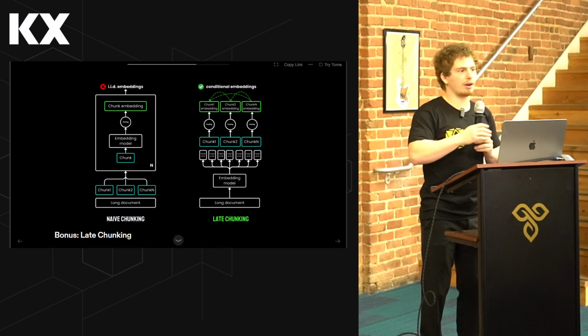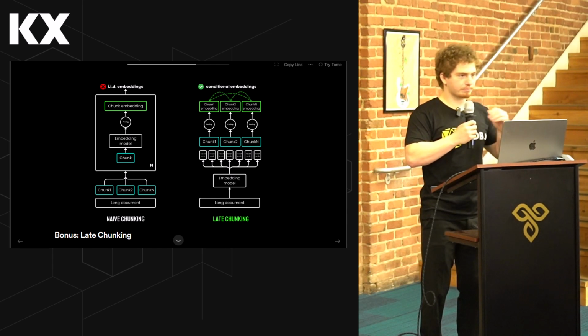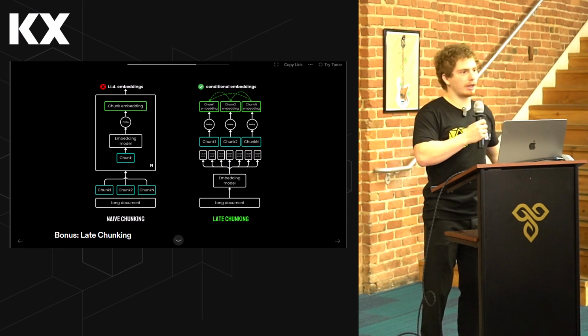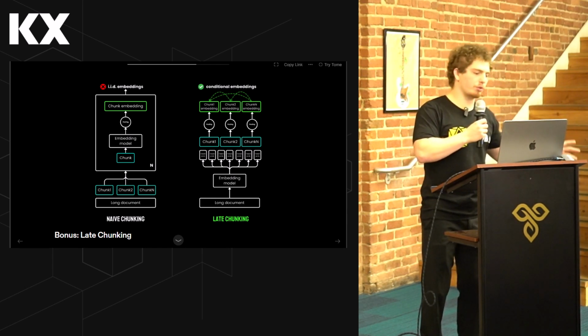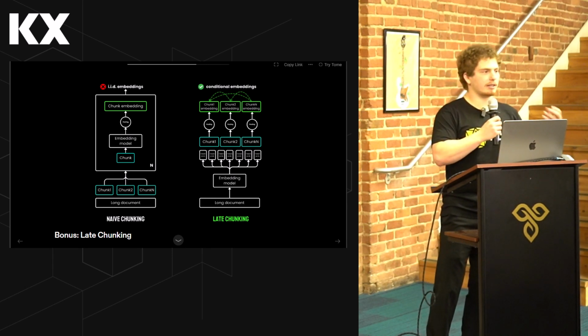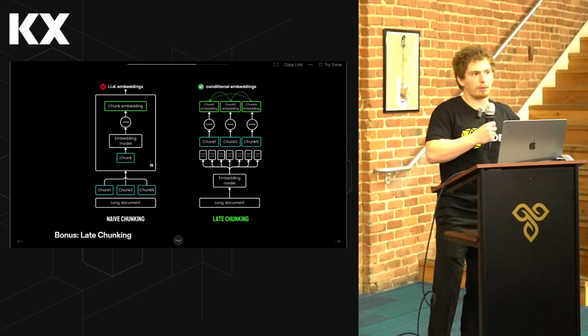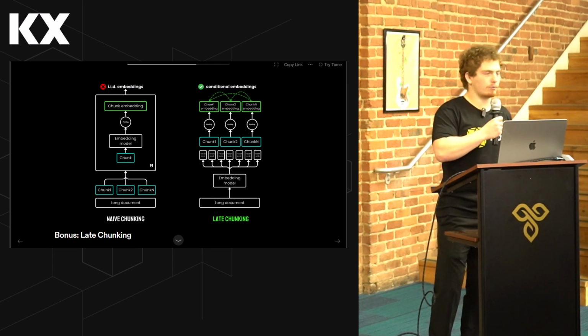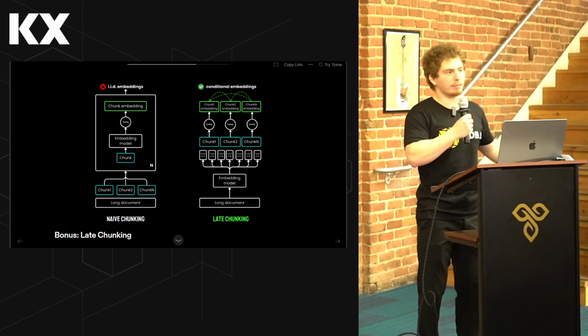So you look at where the boundaries of the chunks are, and then you pool the token embeddings, because the way embedding models work is they take individual token embeddings and they basically combine them together or pool them or average them out into an overall embedding for that thing that you put into the embedding model.